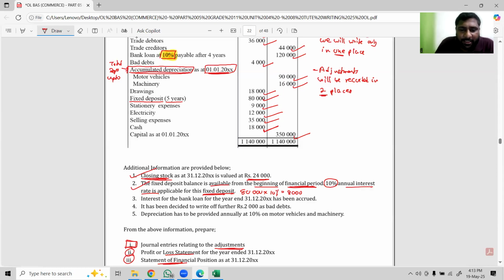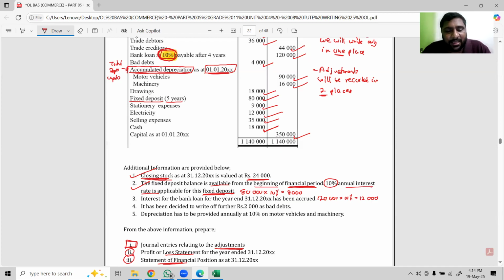So in this question, they are telling this: interest for the bank loan has been accrued. They are not required to tell. Generally, when they give this information, you should know about the 10% interest. So 120,000 loan, 10% means 12,000.